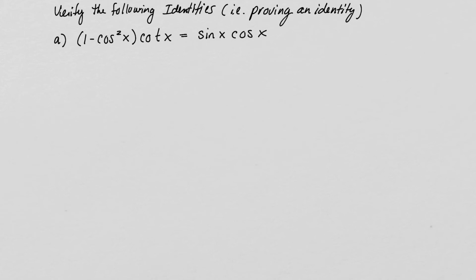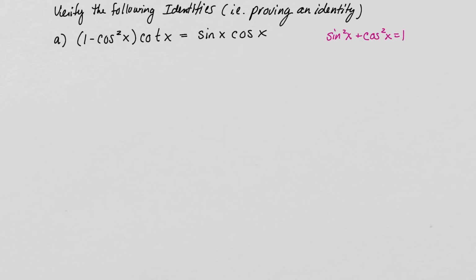With these problems, there's the roundabout way to get the answer done, and then there's the quick way. The roundabout way would be what I was about to do, distribute the cotangent. The quicker way: if you remember, the Pythagorean identity said that sine squared x plus cosine squared x equals 1.